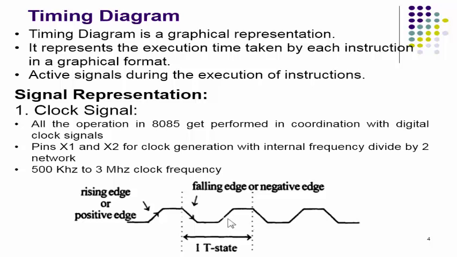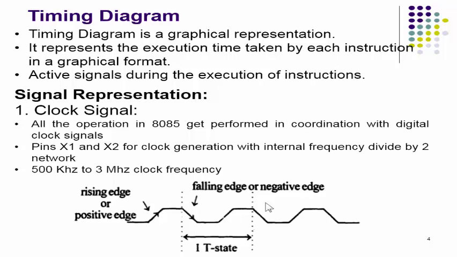This diagram represents the clock signal. This is the practical clock signal, which shows the rising edge and falling edge, or positive going edge and negative going edge, with some rise time and fall time.